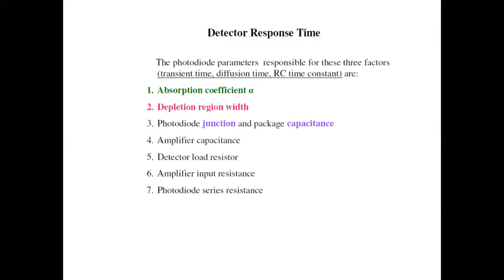The photodiode parameters responsible for these three factors, transit time, diffusion time and RC time constant, are absorption coefficient, depletion region width, photodiode junction and package capacitance, amplifier capacitance, detector load resistance, amplifier input resistance, and photodiode series resistance.